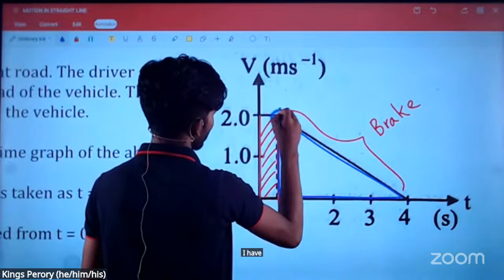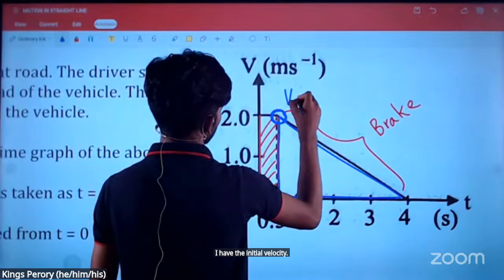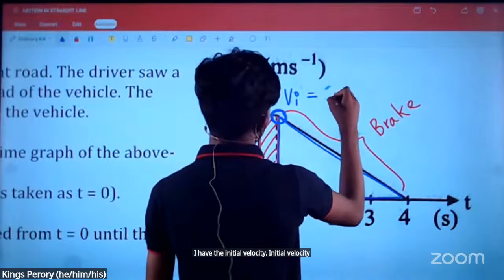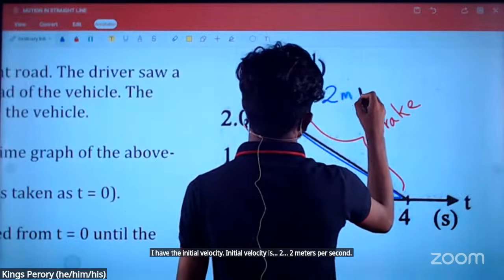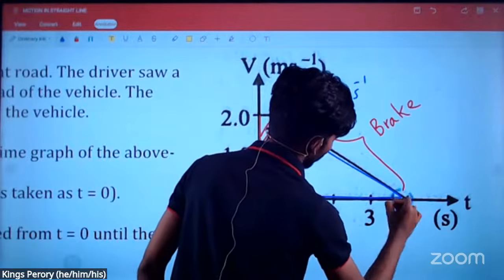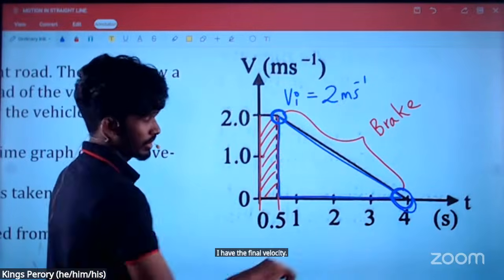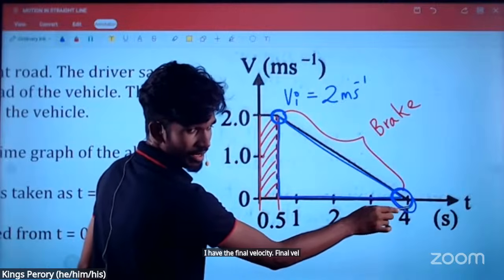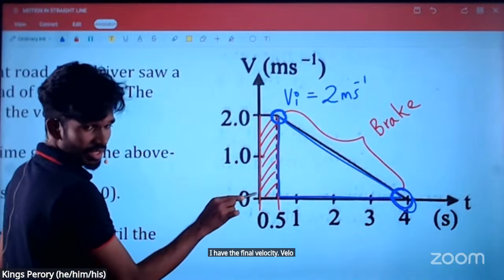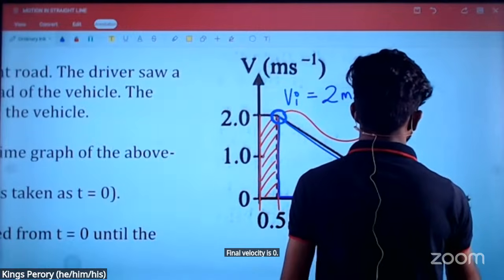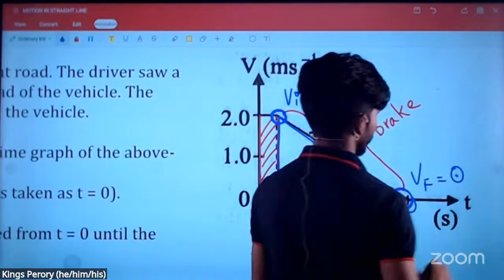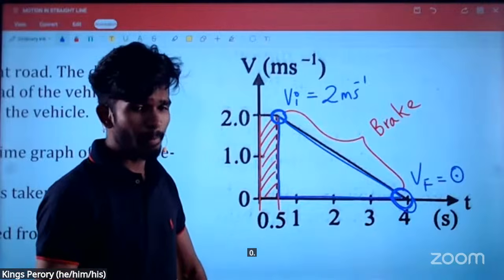I have the initial velocity, which is 2 meters per second. I have the final velocity, which is 0. Tell me, what is the braking time?